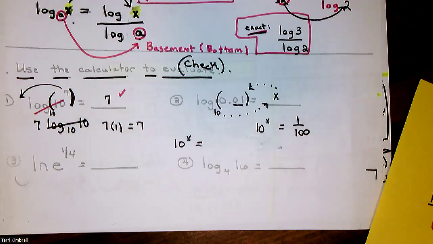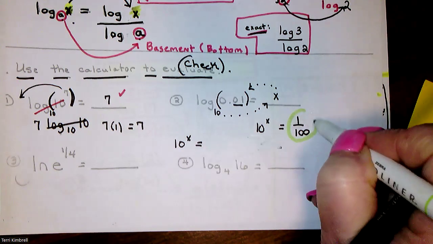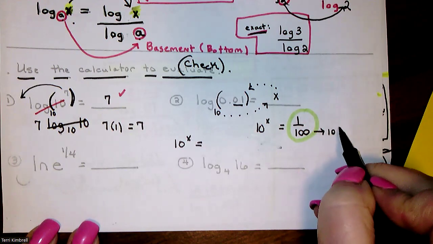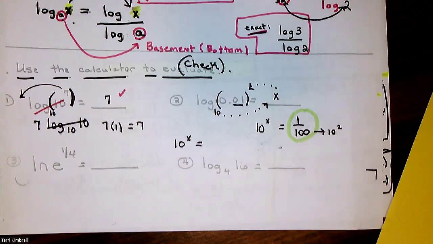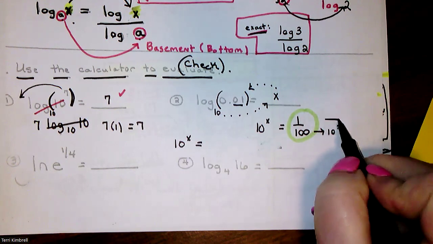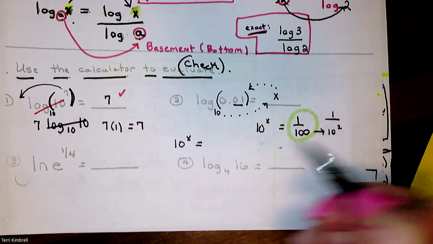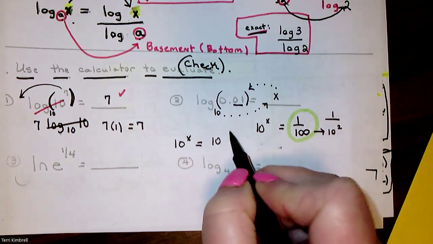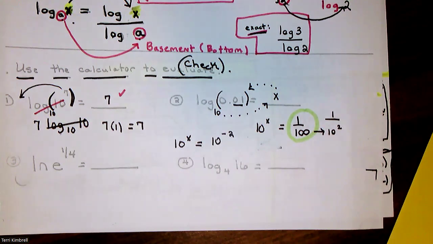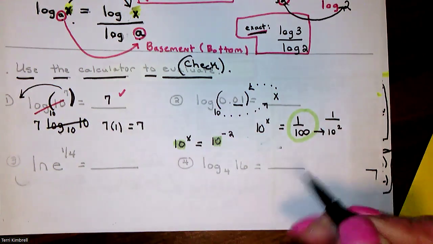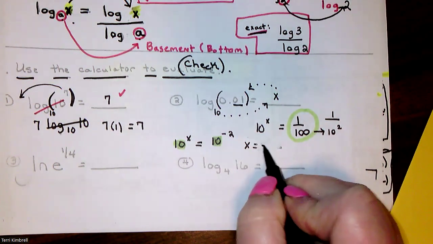Remember, if you want to flip a fraction, you need to raise it to the negative first. So 100 would be 10 to the second, and then you would have the 1 here. So I would probably write it in terms of base 10. Then I would have 10 to the negative second to flip that. So since my bases are the same, my answer is x equals negative 2.